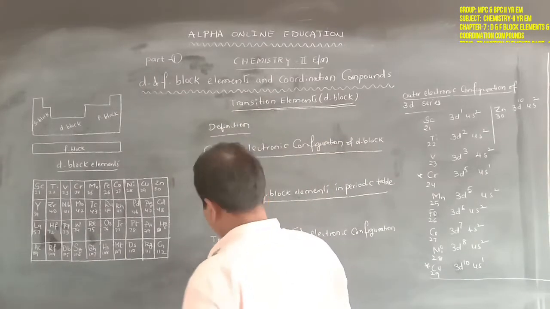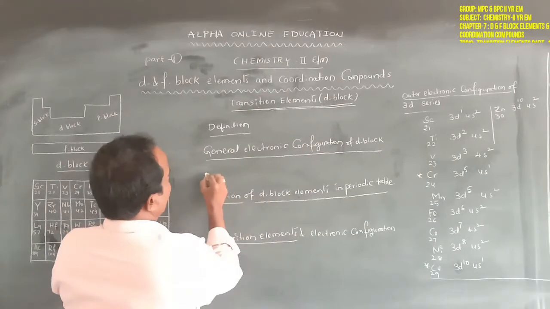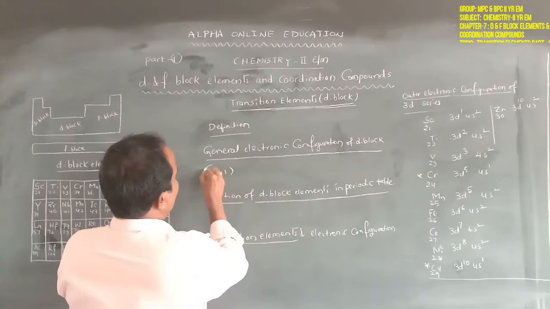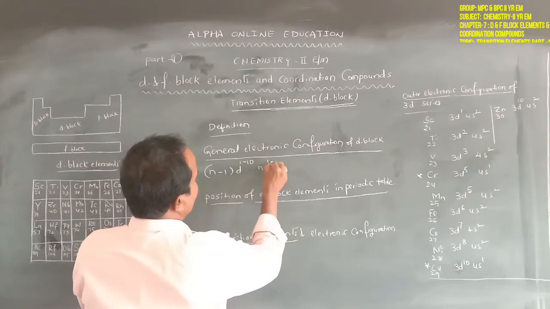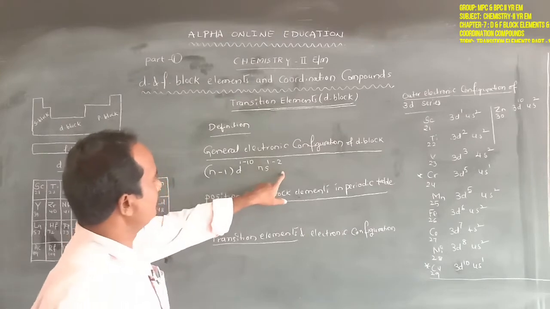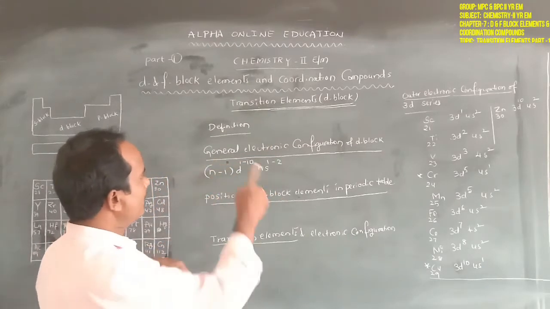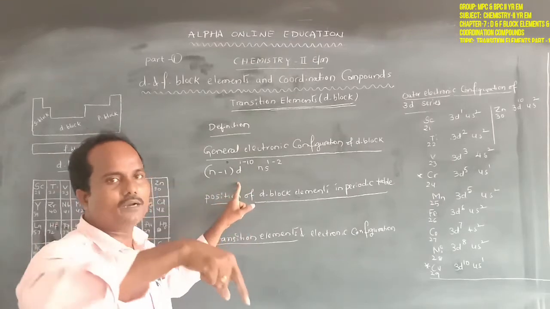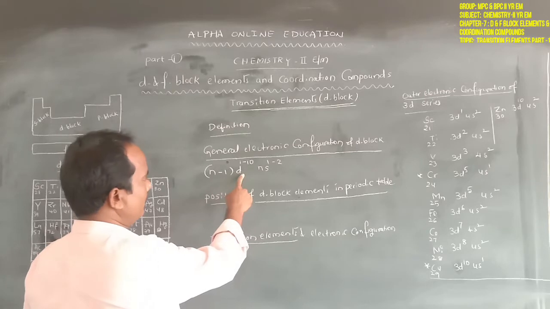The general electron configuration of d block elements is (n-1)d 1 to 10 ns 1 to 2. The differentiating electron, or the last coming electron, enters the n-1 d orbitals.